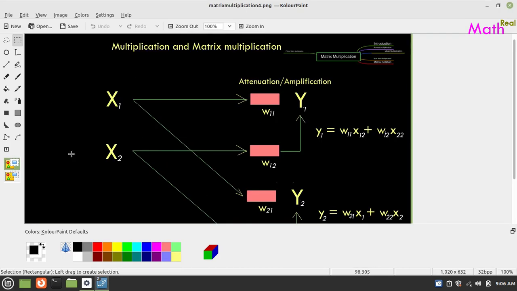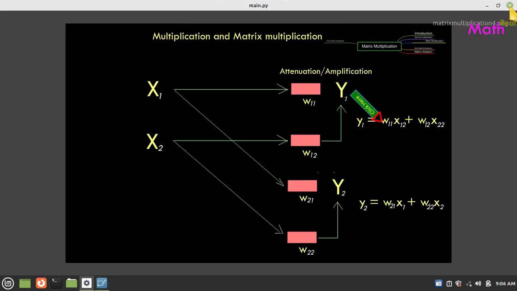Now Y1 equals W11 X1 and W12 X2, and Y2 equals W21.